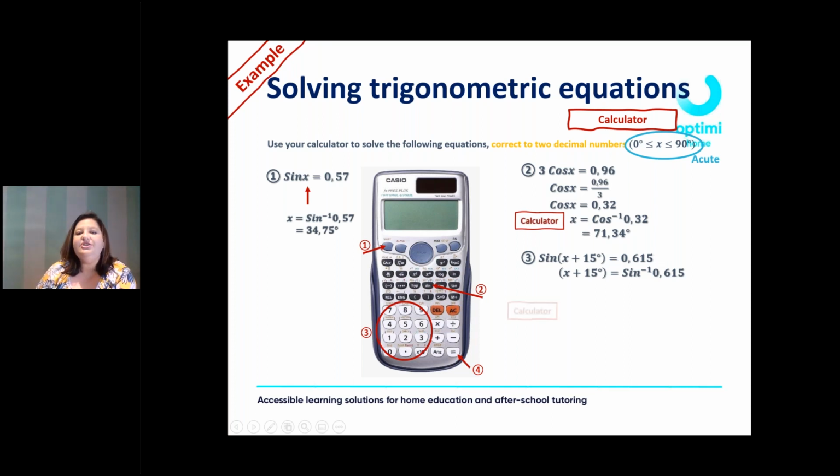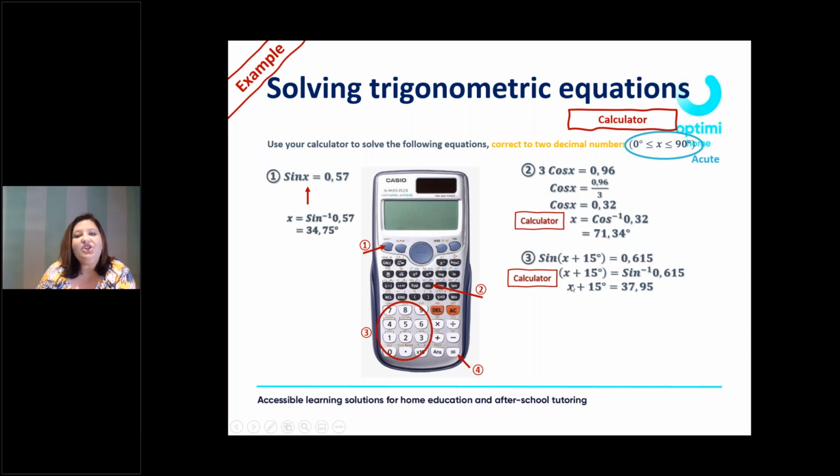And you're still going to use your calculator over here. You will press shift sin, because I'm working with sin, 0.615, and equals. Now this is not equal to x, it's equal to my entire angle. So x plus 15 is equal to 37.95 degrees, actually.